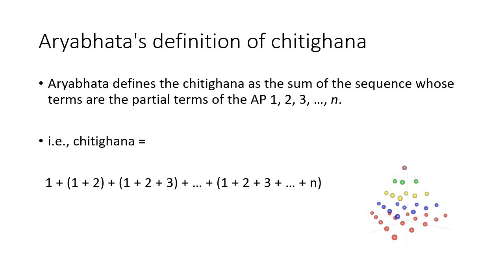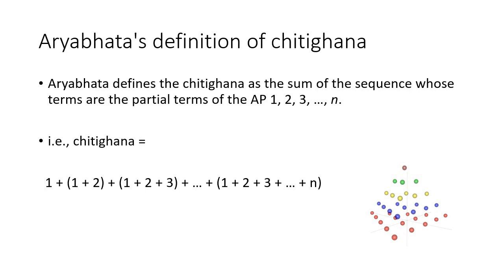You can see here on the right side I have shown a tetrahedron which represents the numbers, and it's very easy to see why it represents this Chitighana 1 plus 1 plus 2 plus 1 plus 2 plus 3, because if you look at the lowest layer of the tetrahedron, you see the red triangles. If you count the number of balls in that, it is 1 plus 2 plus 3 plus 4 plus 5.